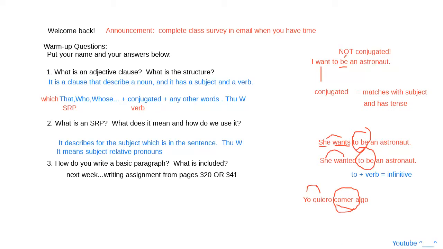Let me see if I can find something. No, I don't see it in your book. The thing is, Walter, we studied verbs in the first part, but you took grammar level 1, right? No, I didn't. Oh, okay. So there's a little bit of a gap in your understanding.